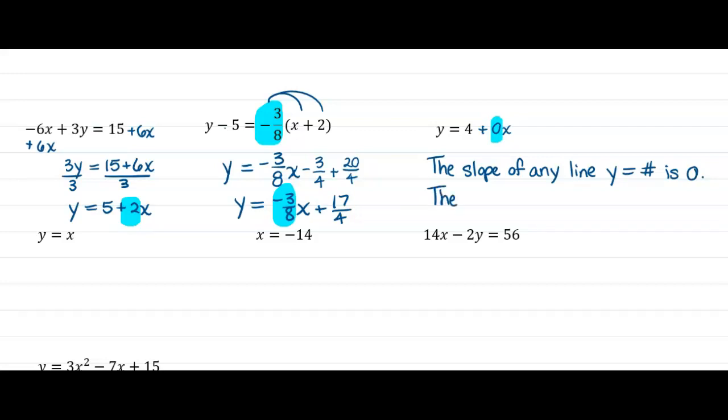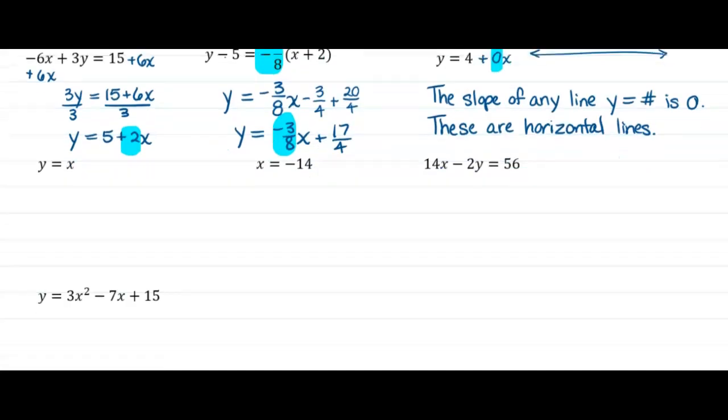These are horizontal lines. If we were to graph this line, it would be straight across left and right at y equals 4. The slope is 0.